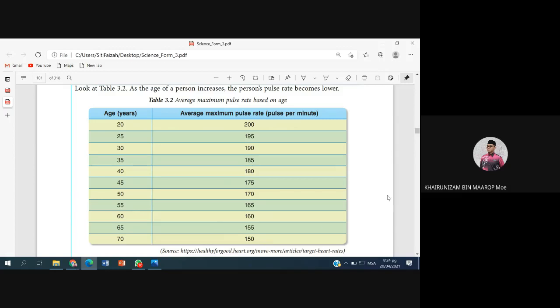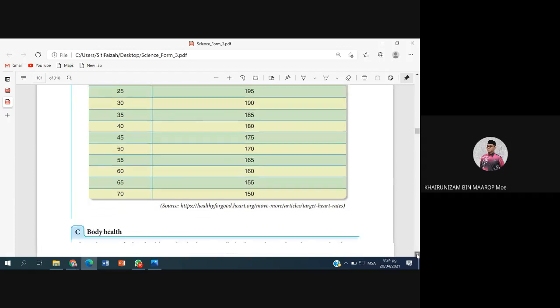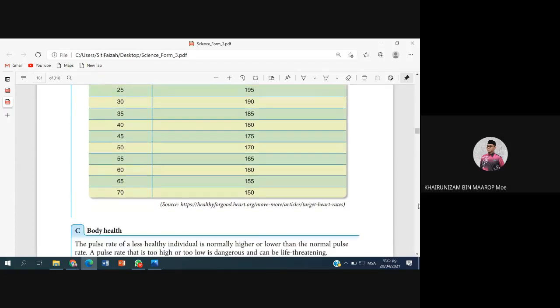Okay, why? Kenapa? Yang lebih berumur mempunyai kurang dia punya pulse rate. Sebab children and adolescents have a higher pulse rate compared to adults and elderly persons, as they are more active and fit.